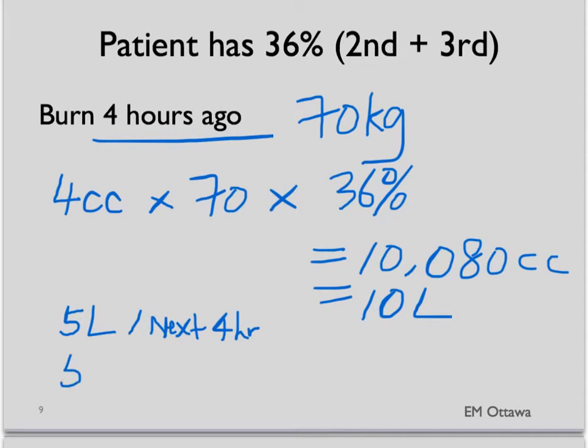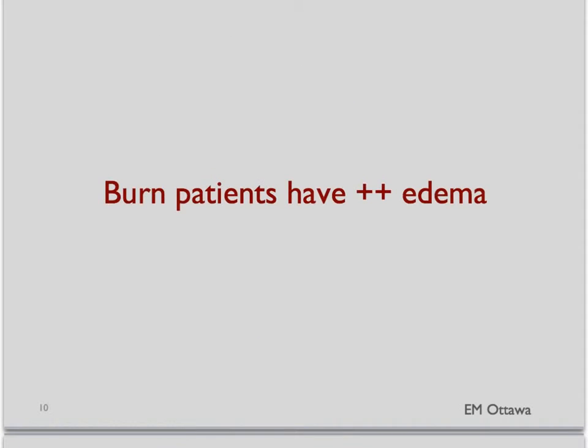And then the next 5 liters will be given in the next 16 hours once the first 5 liters is given. So you can see there's quite a bit of volume that's given to these patients, and we often try to estimate it using the Parkland formula. It doesn't work every time because some patients even need more, but this is a great place to start.